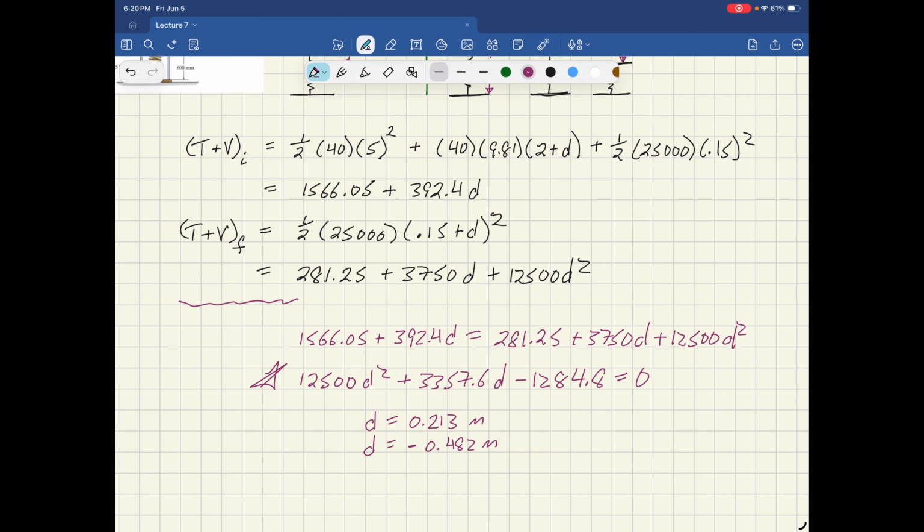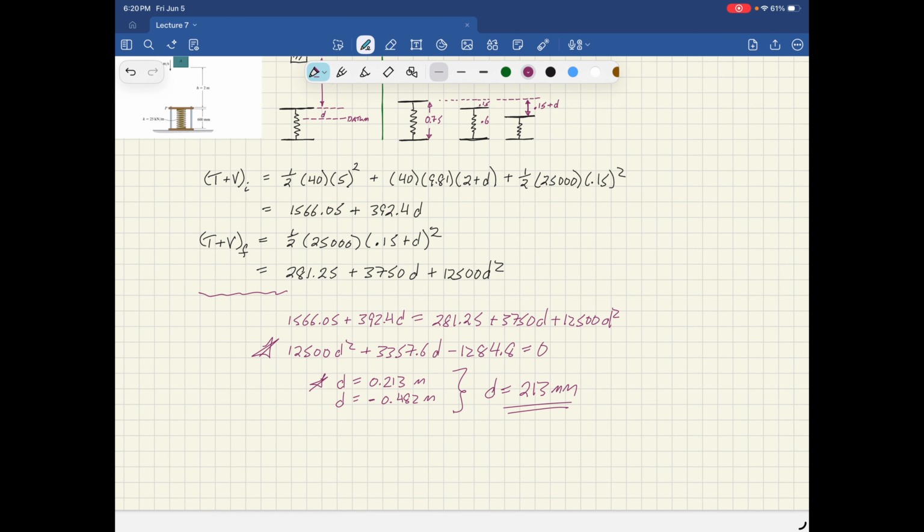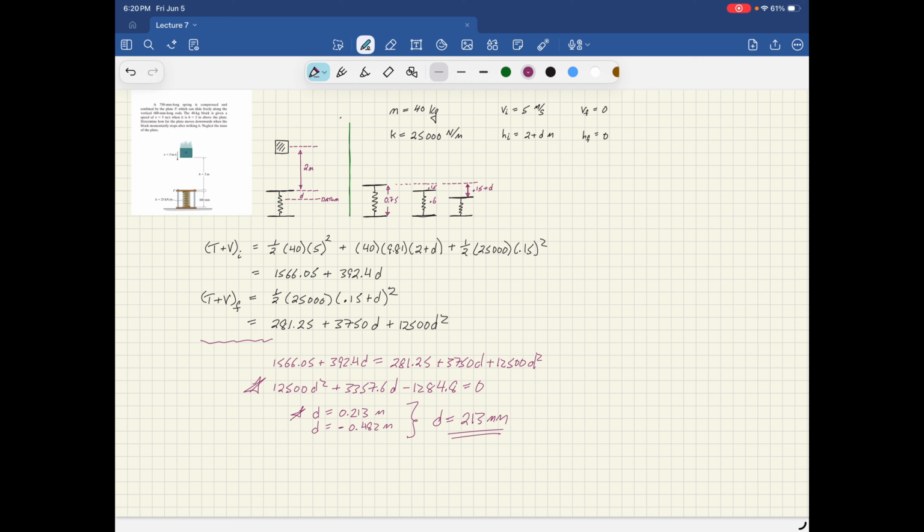The negative doesn't have any physical sense, so the first value is what we're looking for, and we end up with a result of D equals 213 millimeters. We can report it back as millimeters since that was the initial unit that was provided to us in the problem. Everything was given in millimeters. So we end up with a value of 213 millimeters.